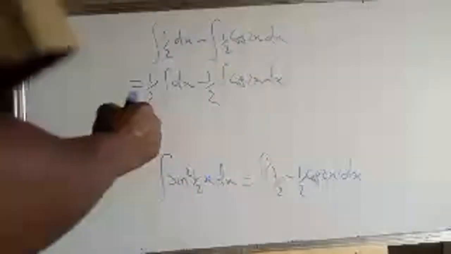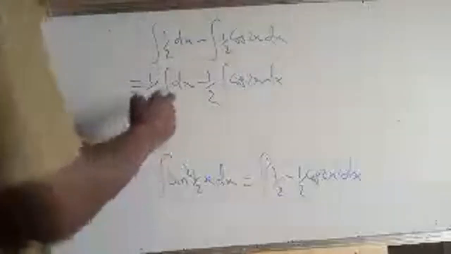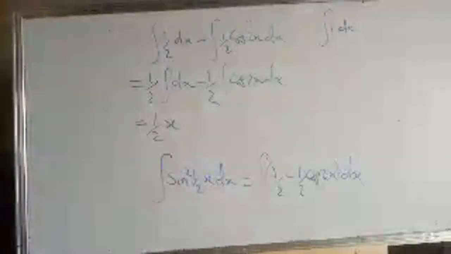So you have half the integral of dx minus half the integral of cos 2x dx. Beautiful. So that will give us half x. The dx is a differential coefficient; it's like saying the integral of 1 dx.